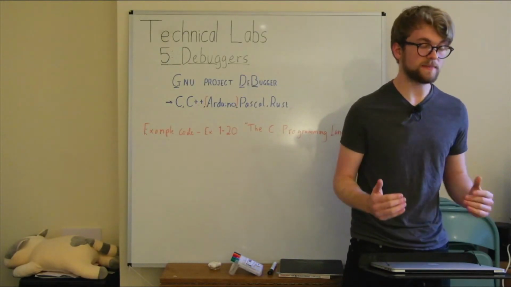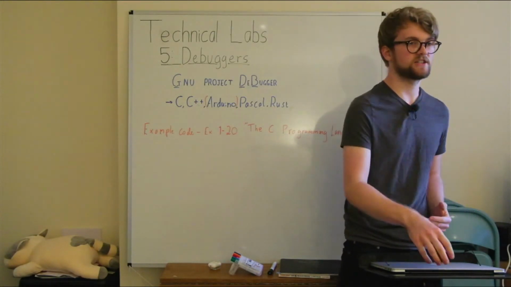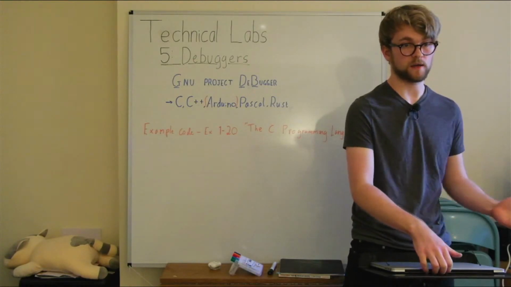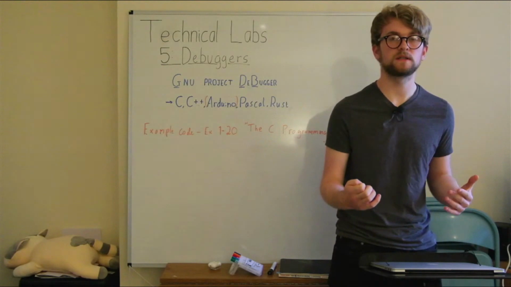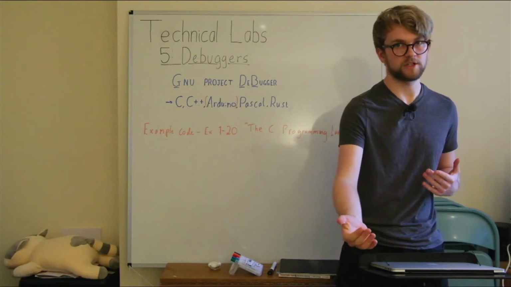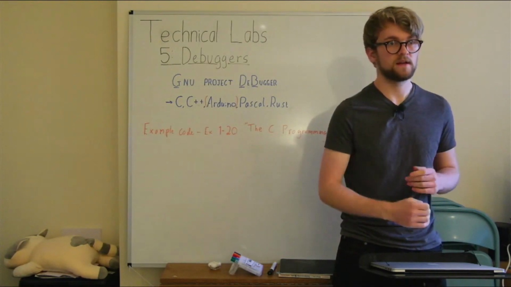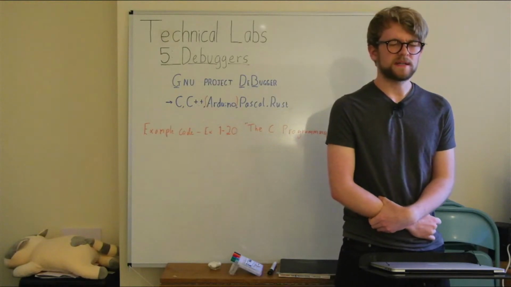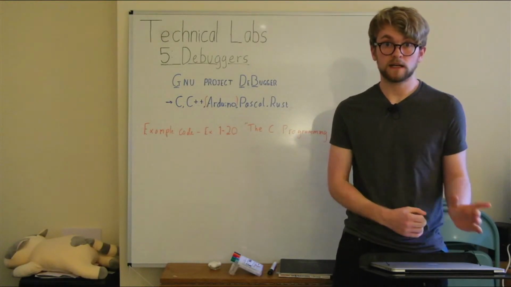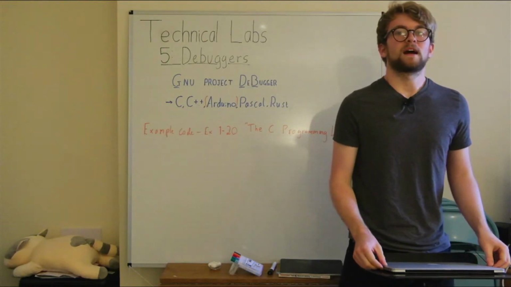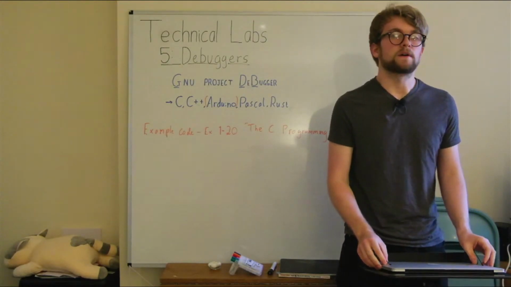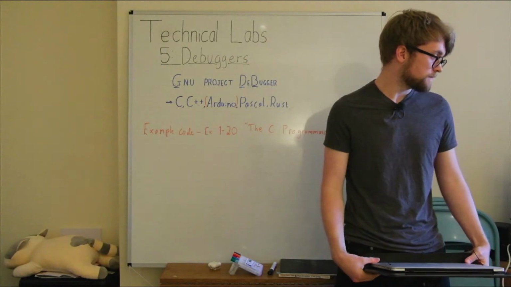So run GDB on your computer and attach it to the Arduino, and then you can debug like you normally would, but over the Arduino connection, on the Arduino itself. There is a debugger included in the Arduino software, but it's rubbish. So I would use GDB because that's what I'm most comfortable with myself.